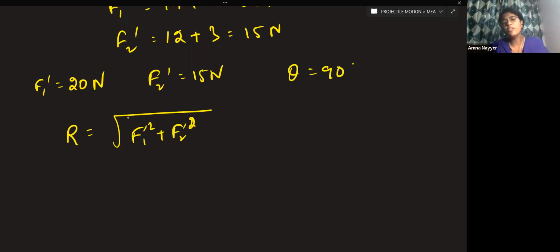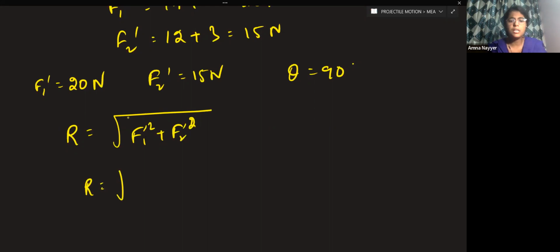Now class, if you use the normal parallelogram formula, you have to write the additional step 2F1F2 cos 90, and then realize that cos 90 is 0. So you are just complicating your answer. It's better to write from here only.